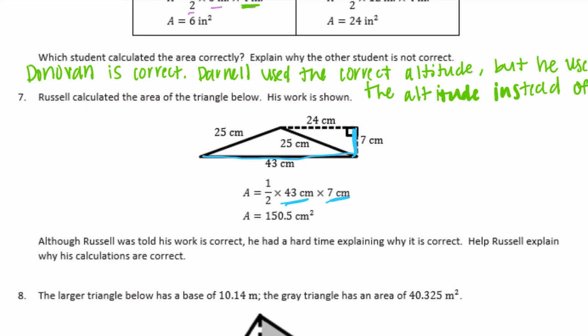Okay, so the formula is area equals 1/2 base times height.